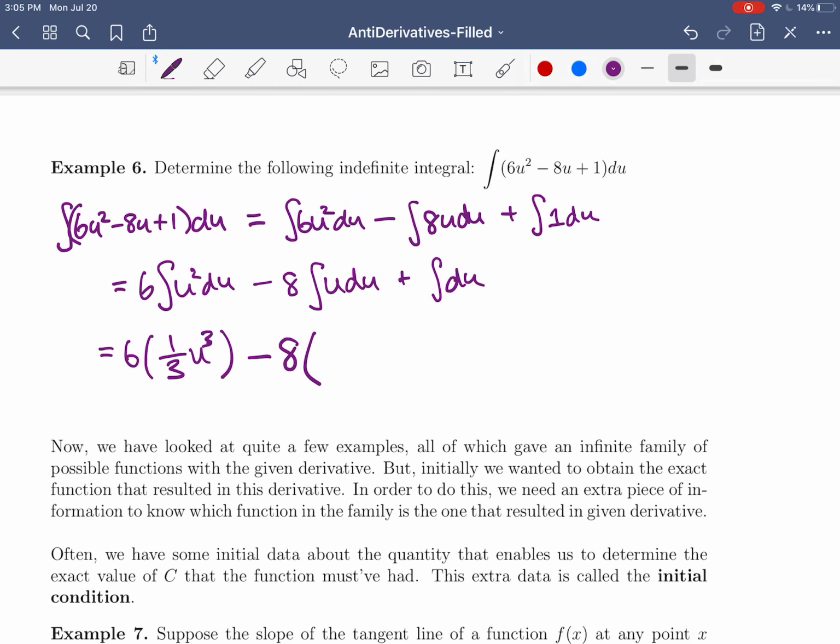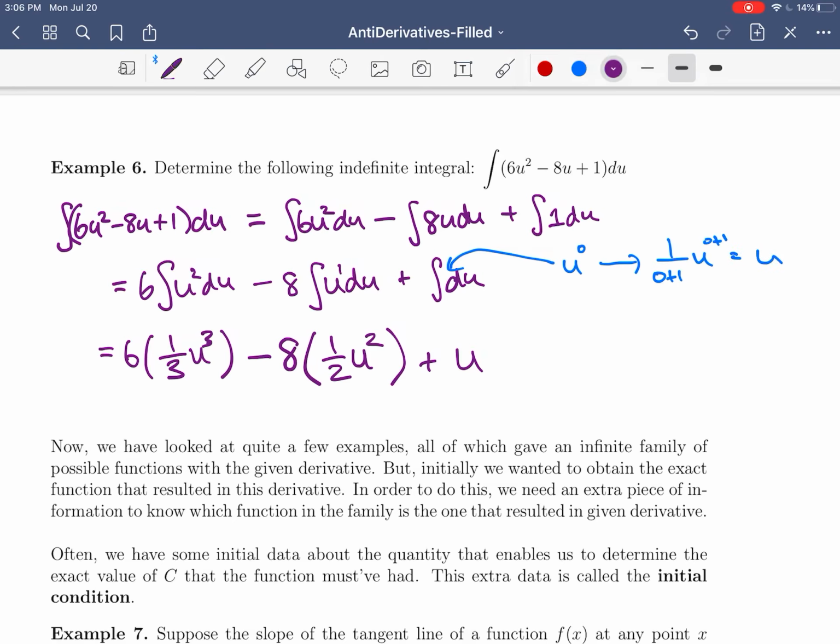For u du, this is like u to the power 1, so it had to come from u squared, which means I need a 1 over 2 out front. And then what has derivative 1? Well, that's just u, so u to the power 1. You could think about this as u to the power 0, because then the reverse power rule says it should be 1 over 0 plus 1, u to the 0 plus 1, which is just u.